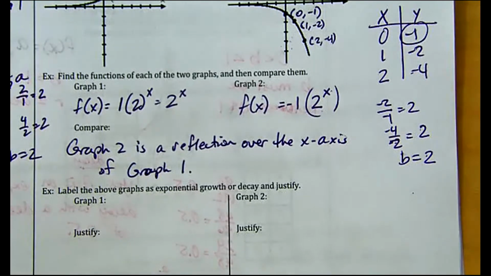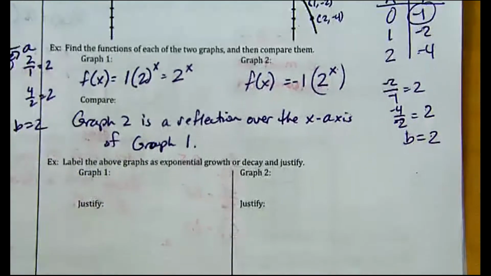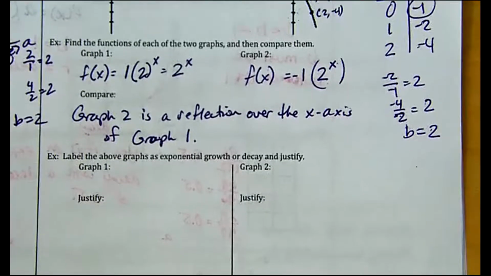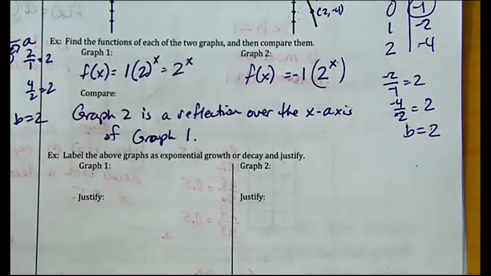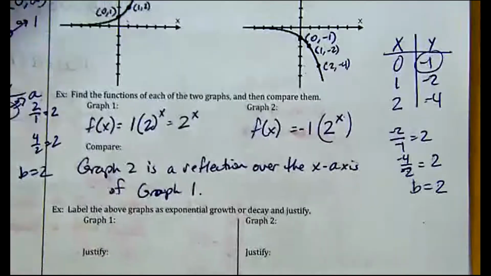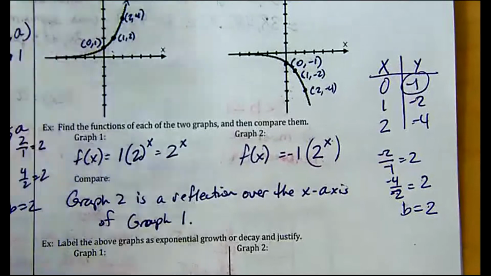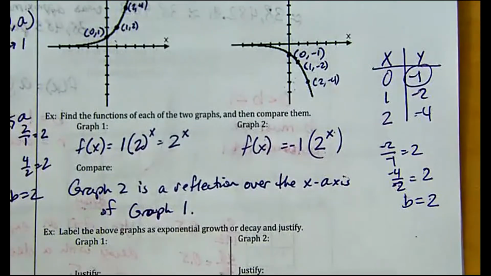Okay. And you guys already kind of answered the next question. It says label the above graphs as exponential growth or decay and justify. Okay. So graph 1 up here, you guys already named as exponential growth in the chat, right? Many of you, at least 6 of you, said that this was growth.